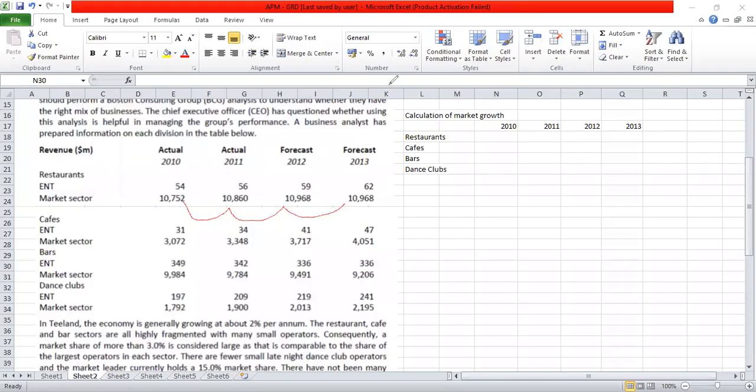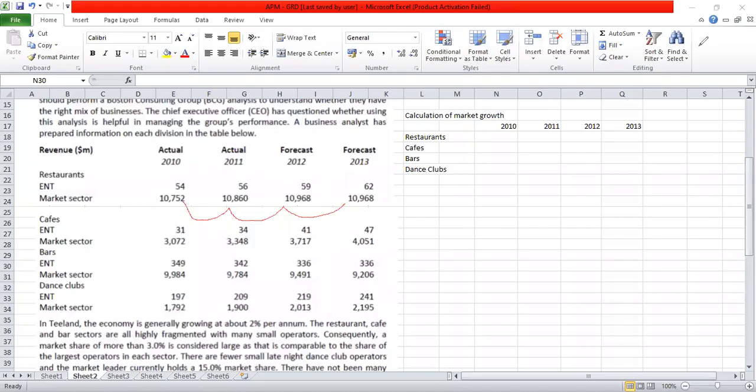So how to calculate it? If this is 100%, the difference is from 10,752 to 10,860. Sometimes it's increasing, sometimes it's not increasing. So whatever that change is, what percentage is it? That is how this has to be calculated.